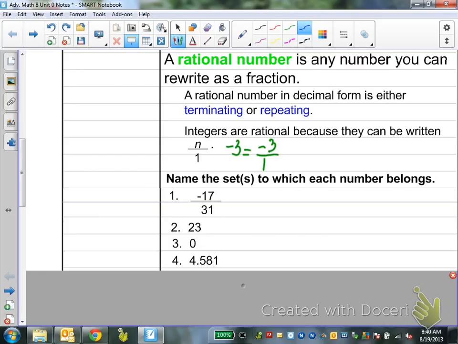So we can also eliminate integers, because integers are -1, 0, 1, 2, 3, and so on. And we can also eliminate whole numbers, because those are 0, and so on. But this is a fraction. And it says up here that a rational number is any number that you can rewrite as a fraction. So -17 over 31 is a rational number.